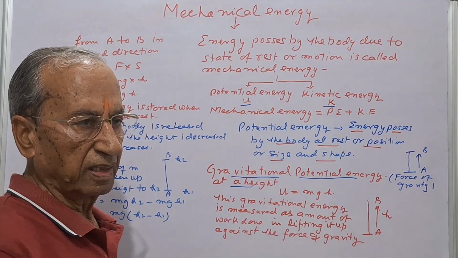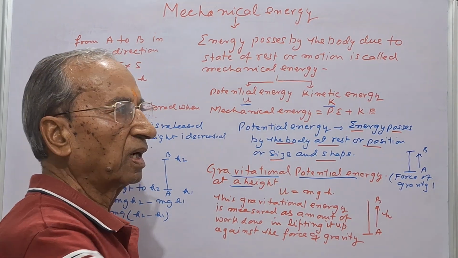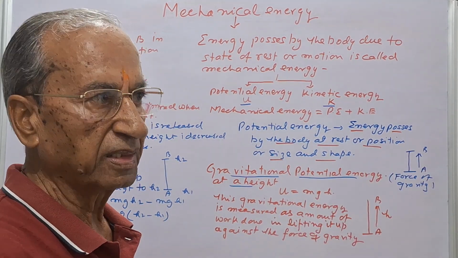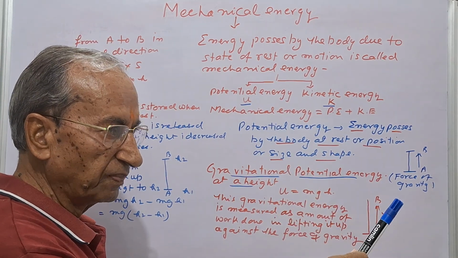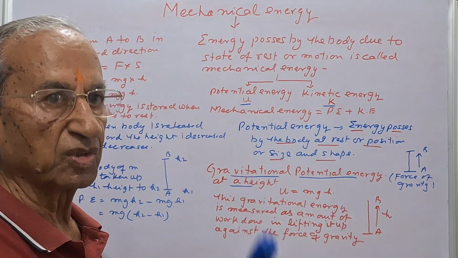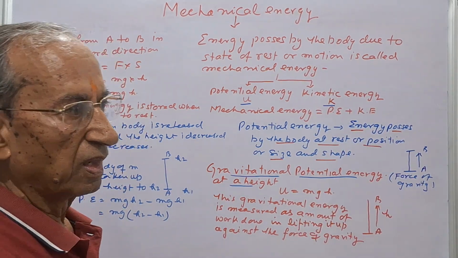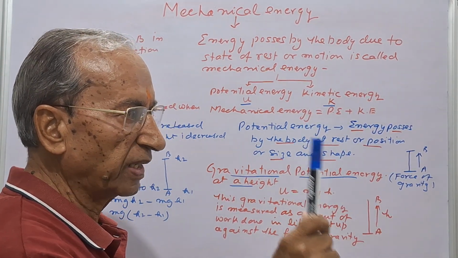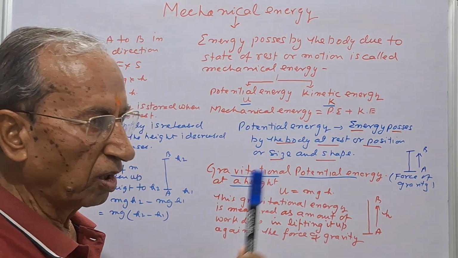Now two things are there. If an object is at rest or it is in motion, then there is rest energy and motion energy. So two types of energies are there. One when the object is at rest and the other when the object is in motion.